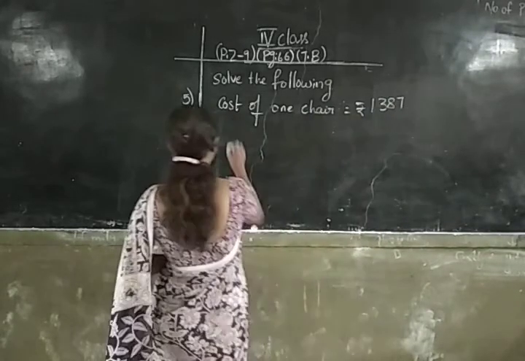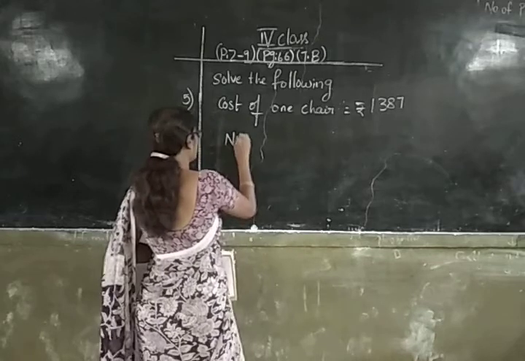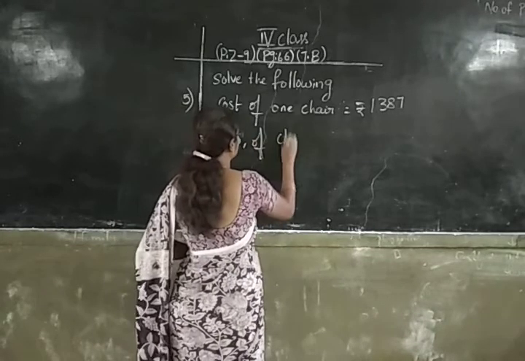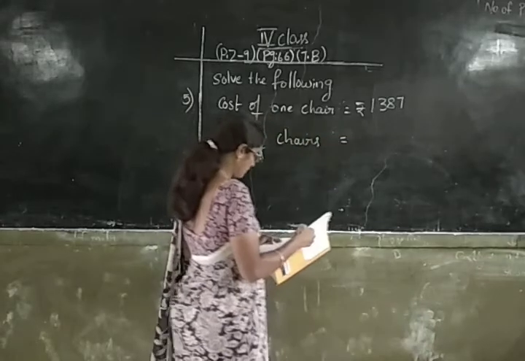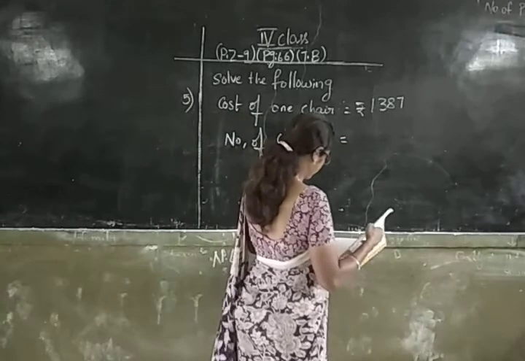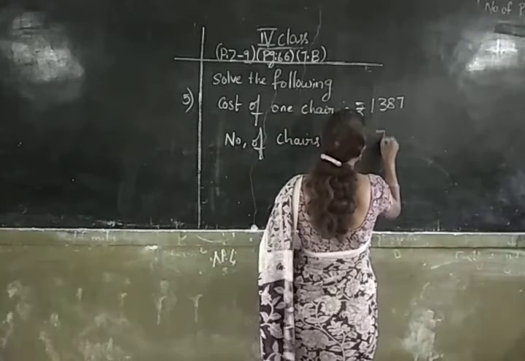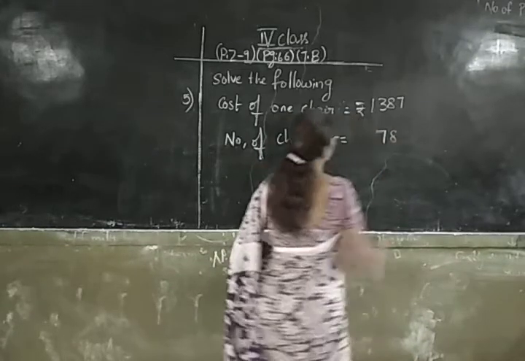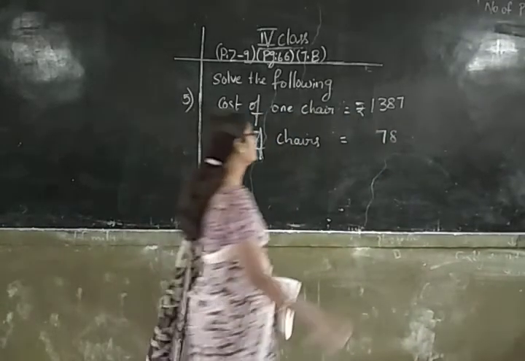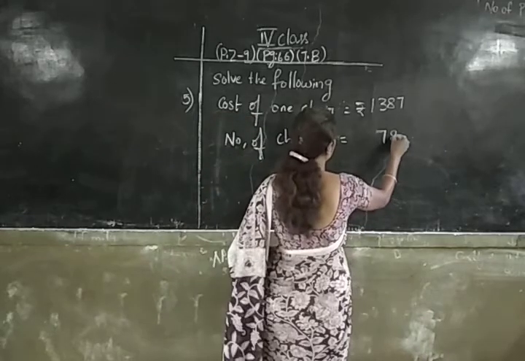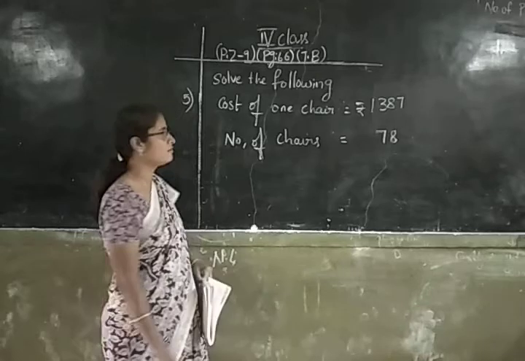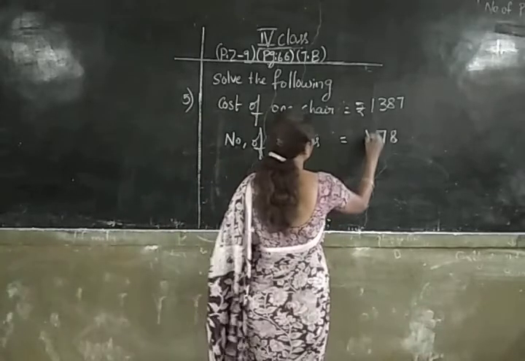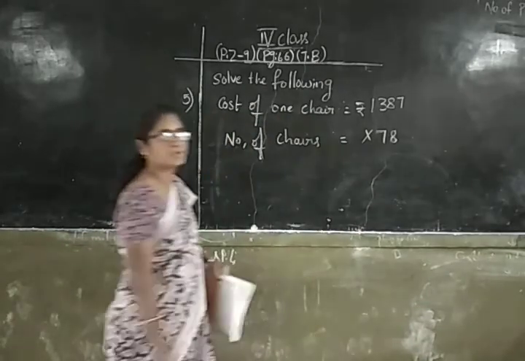So how many chairs are there? Number of chairs is 78. We have to find out the cost of 78 chairs. Here the cost of one chair is given, so we have to use the operation multiplication here.